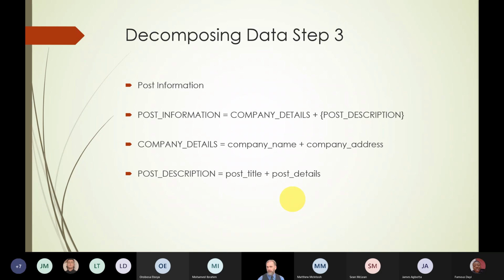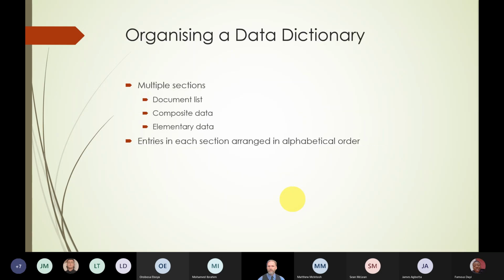So you will create a data dictionary document. It will have all the documents that you used to start creating the data. It will have the composite data and the elementary data, and you arrange it in alphabetical order so that everybody can go and see what data you want to use and what it's talking about. So anybody that's involved can go and read that.